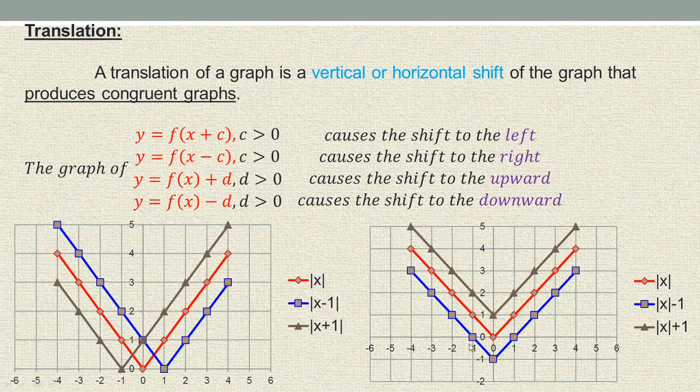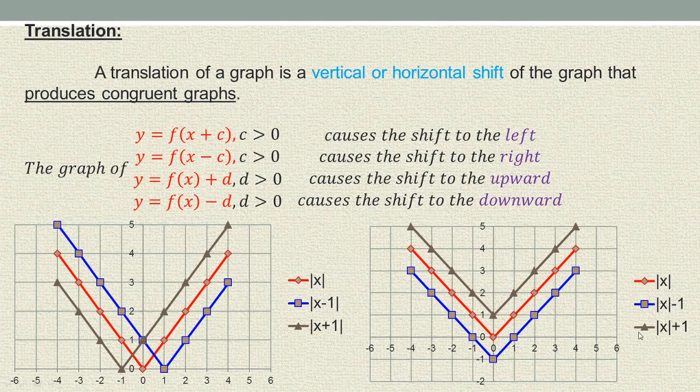Just compare red and blue. The diagram will shift to the downward side by 1 unit. If you have 0, it is -1. Here 1, it is 0. Here 2, it is 1. In this way you can shift.